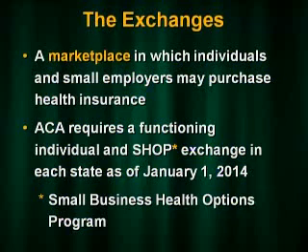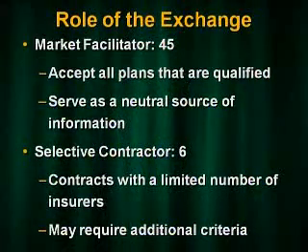How do they work? Well, it turns out that the states have a fair amount of flexibility with respect to what they want their exchange to do. And there were 3 general kinds of models that they could follow. The first is called a market facilitator model. There, the exchange would accept all the plans that meet the definition of a qualified health plan.